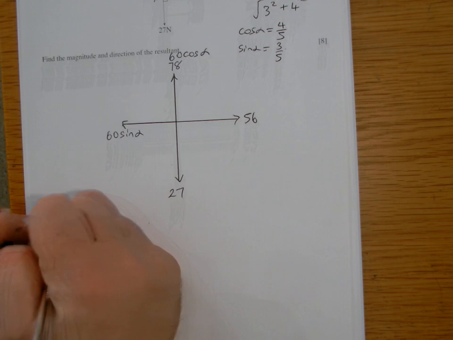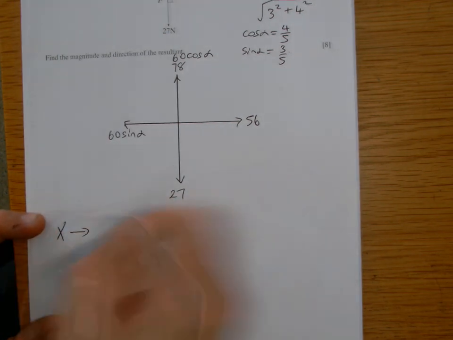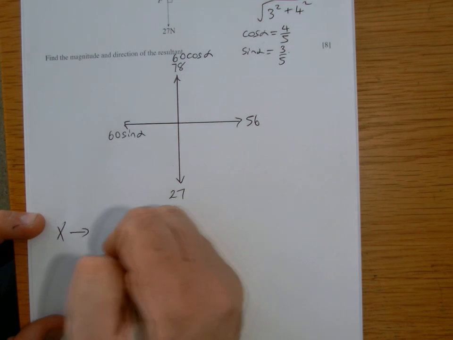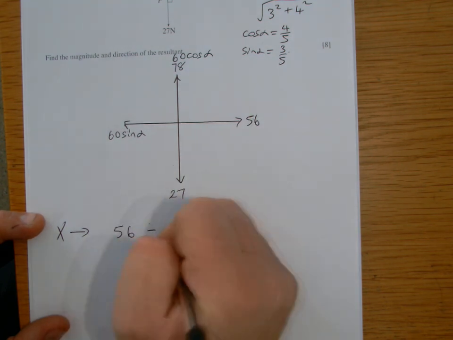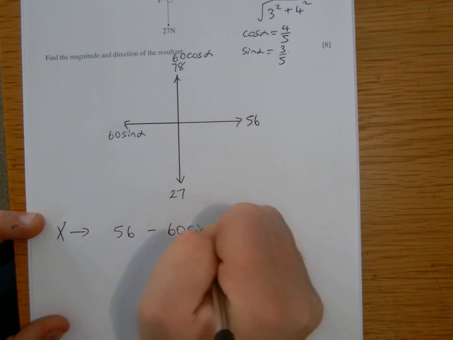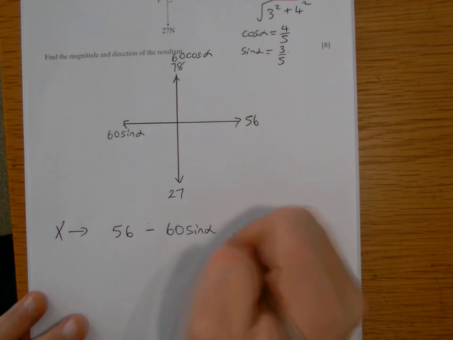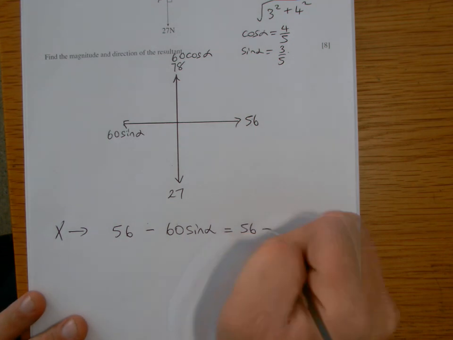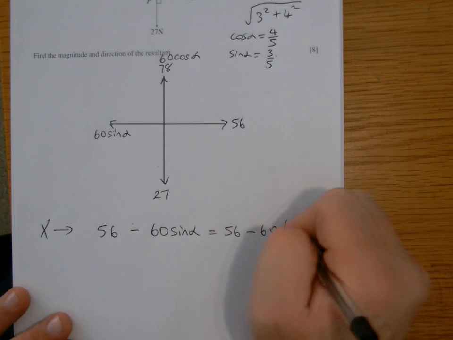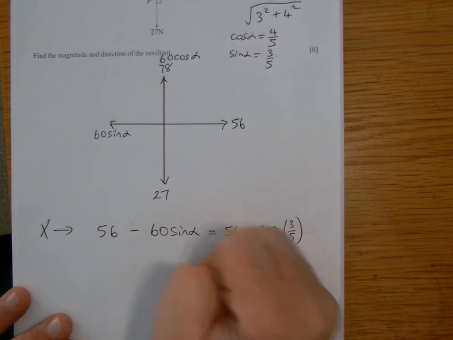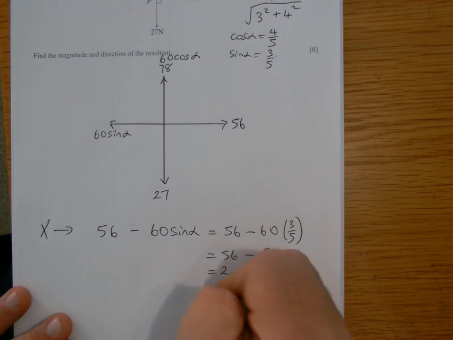What we say is we look at the resultant force in the x direction. We consider 56 as the main force, the leading force, and take away the resistance, which is 60 sine alpha. We can work that out, because we know sine alpha is 3/5. So we get 56 take away 36, and we get 20.